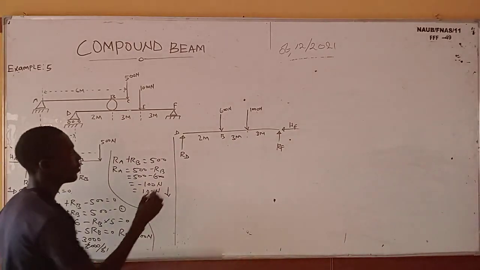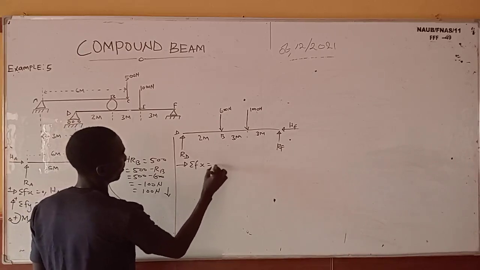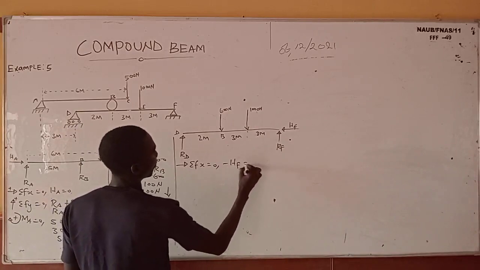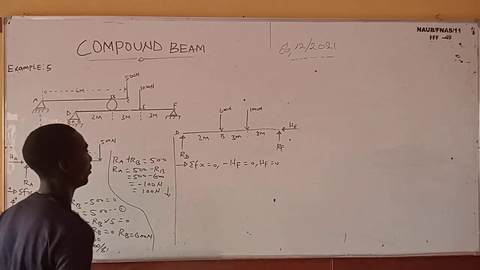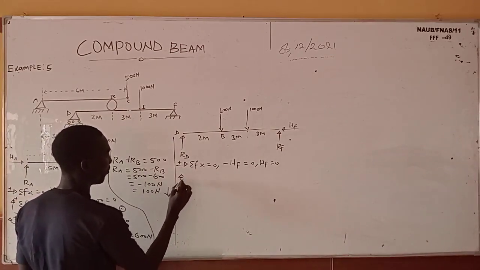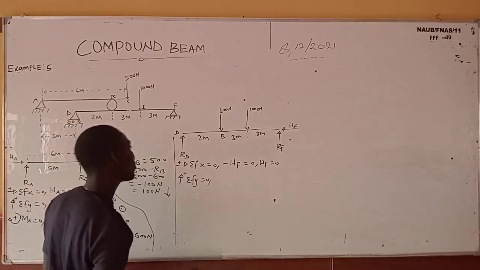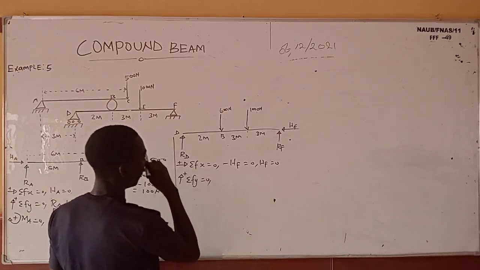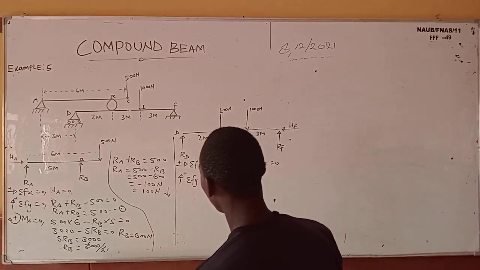So now let's find our horizontal force equals to 0. So this one will be minus HF equals 0. HF is still equals to 0. No difference. So now let's take our upward force equals 0. Note which one was negative that time? RA.